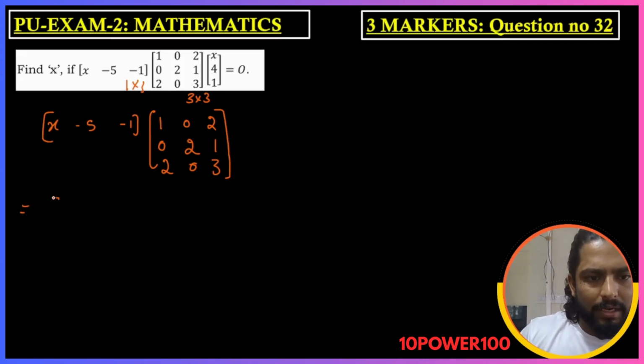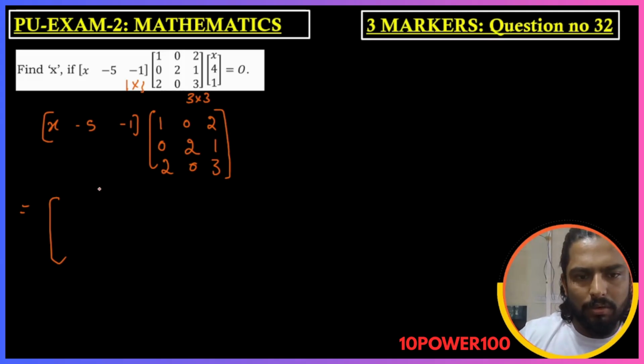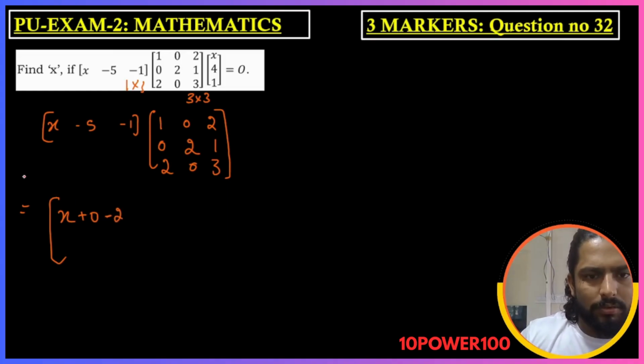Now we multiply these two, and we end up getting a 1 cross 3 matrix: 1 row, 3 columns. First row into first column: X into 1 is X, minus 5 into 0 is 0, minus 1 into this one is minus 2. So first row, first column is done. Now first row, second column: X into 0 is 0, minus 10, and 1 into 0 is 0.